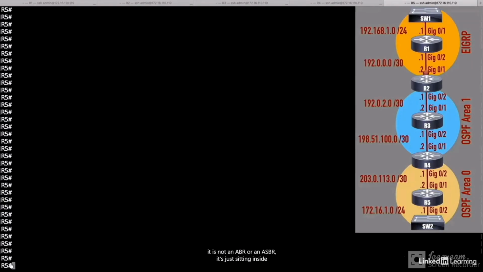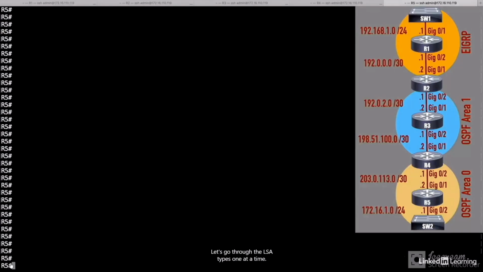It's just sitting inside of OSPF Area 0. But we do have another area, so we'll be getting some type 3 LSAs from Area 1. And we have EIGRP as another autonomous system, so we'll probably be getting some type 5 LSAs from EIGRP, and we'll probably get a type 4 LSA telling us how to get to the ASBR, which is R2. Well, let's take a look.